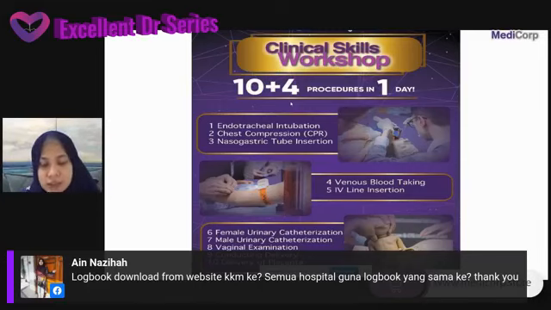So basically semua hospital pakai logbook yang sama. Cuma setiap department mungkin ada additional requirement. Okay, macam saya bagi tahu tadi, kalau medicine, KKM recommend 1 case-based discussion and 1 mini CEX sahaja. Kalau pediatric, they recommend 2 CBD and 2 mini CEX. But your department might want to do more. Okay, diorang nak mungkin buat lebih banyak assessment lah.